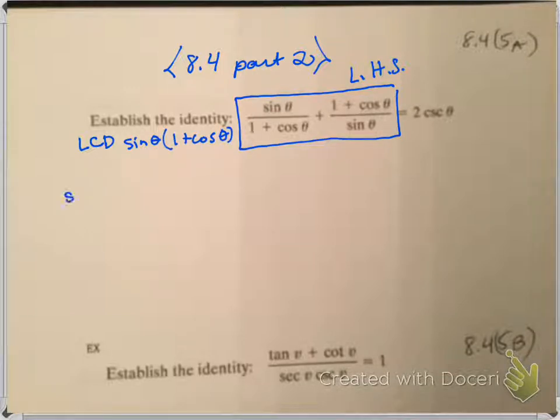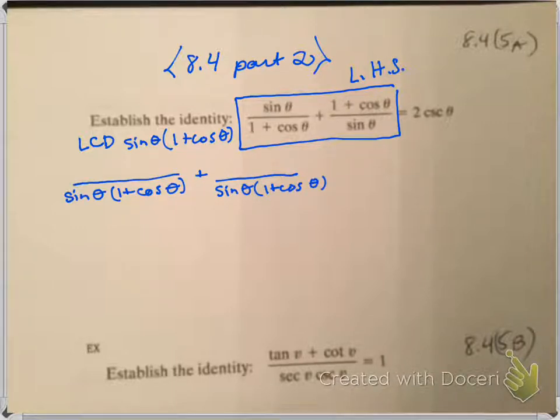Okay, I'm going to write those denominators down. So since I have 2 of them, I'm going to do this twice. Okay, so initially in the first one I had sine theta. So now that I've multiplied sine theta by the denominator, I need to multiply sine theta by the numerator. And in the second one, I had 1 plus cosine theta in the numerator.